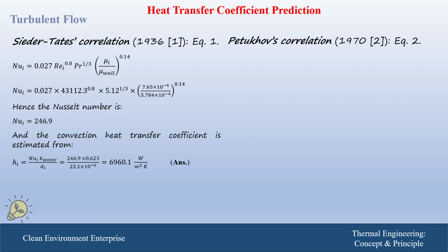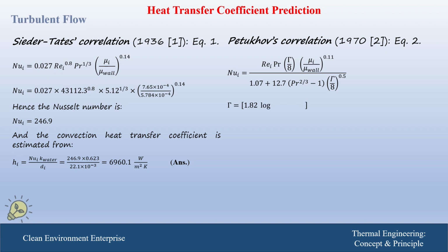And finally, let us use Petokoff correlation as presented in equation number 2. Then we have to calculate gamma at the first step and substitute gamma in the original equation of Nusselt number.